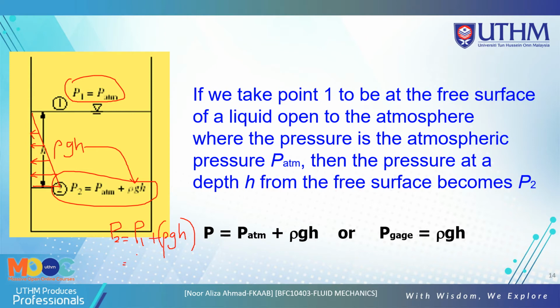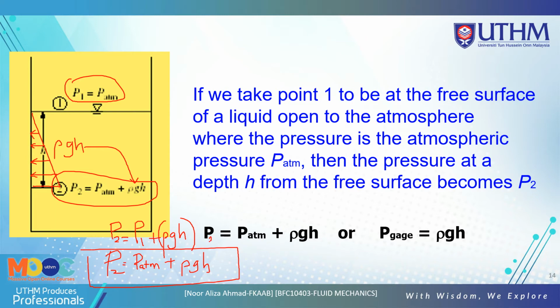We know that P1 is the same as atmospheric pressure, so you get P atmosphere plus rho g h. This is P2, the pressure at point 2.